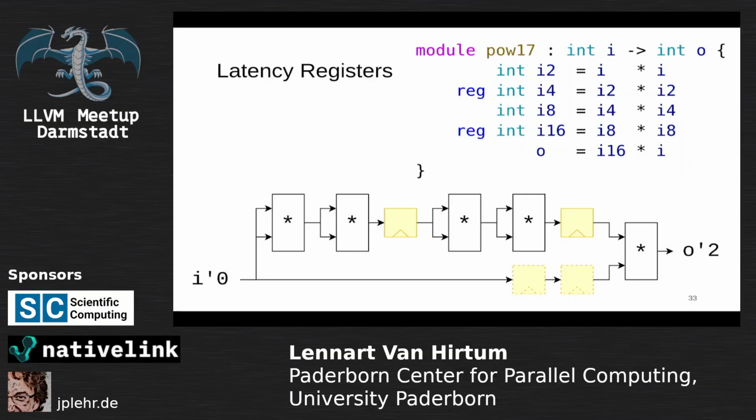And maybe Vivado told you, well, you want to run your thing at 500 megahertz, but the signal takes, say, I don't know, 4 nanoseconds to get from I to O. So your max clock is going to be 250 megahertz, and you want to improve that. What you would do is add latency registers in between here, such that now the signal doesn't have to travel all the way. It can just get stored in here and then move on to the next one.